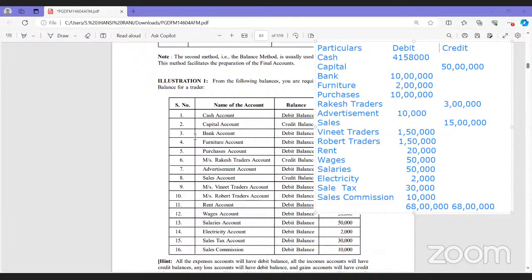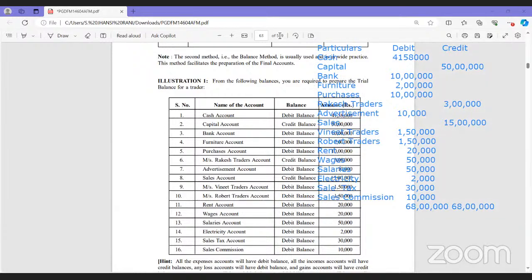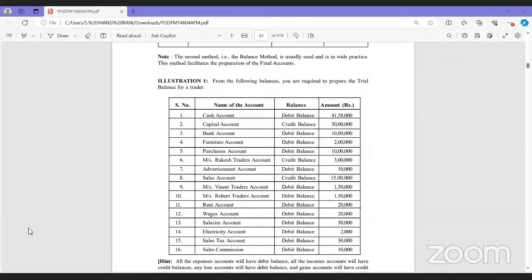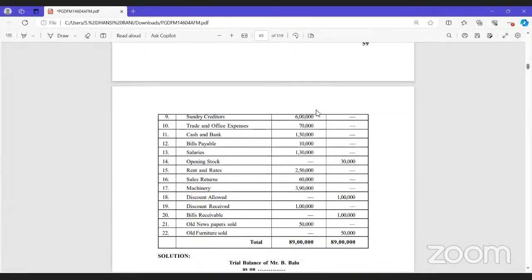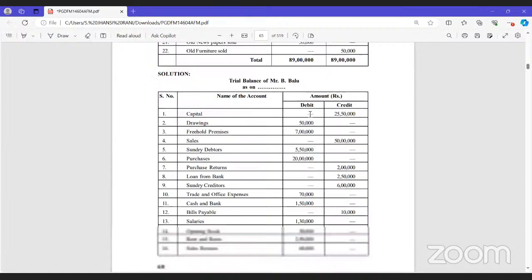Next, we'll look at the next one. The same, that's how we prepare the trial balance.